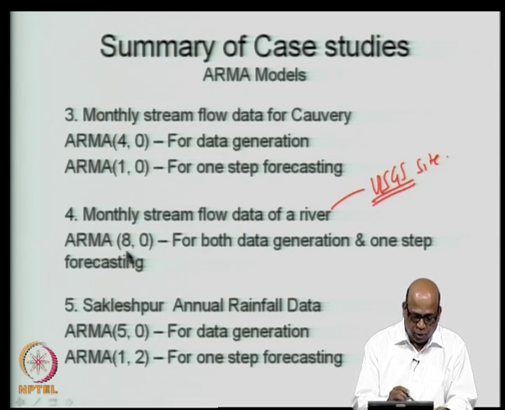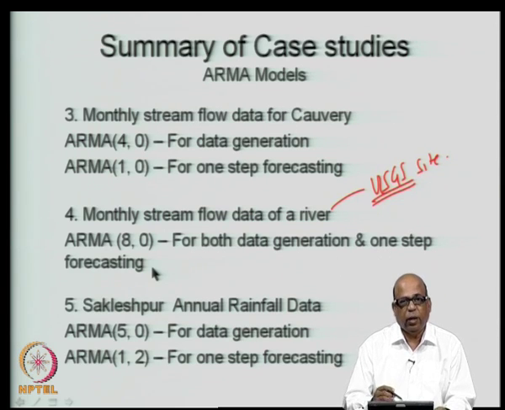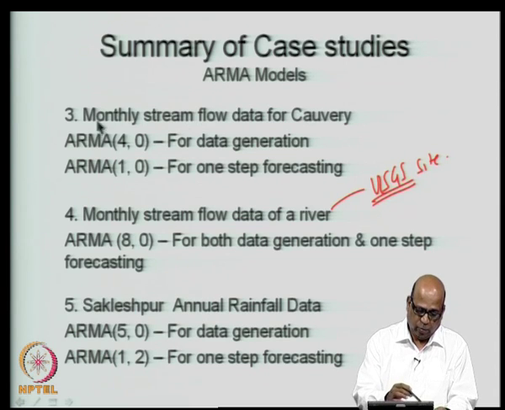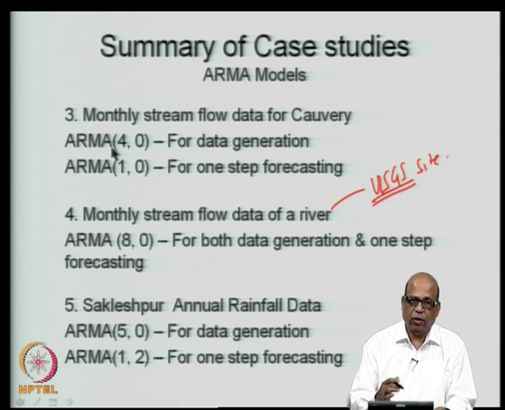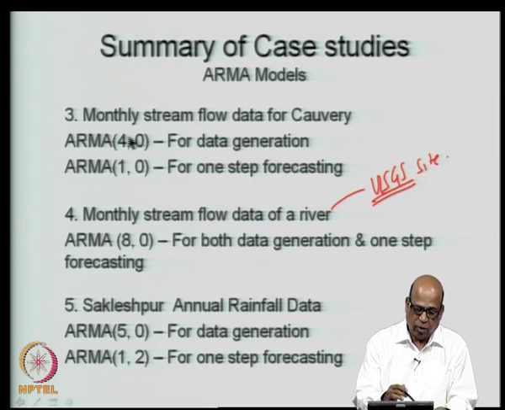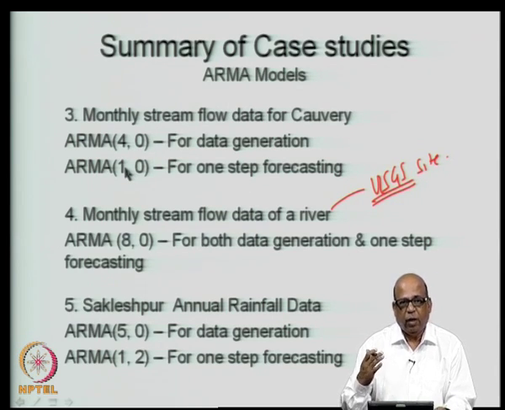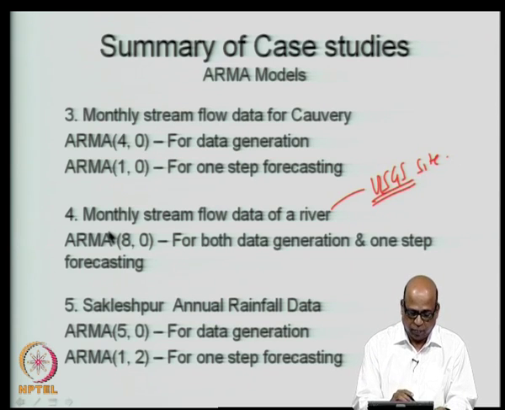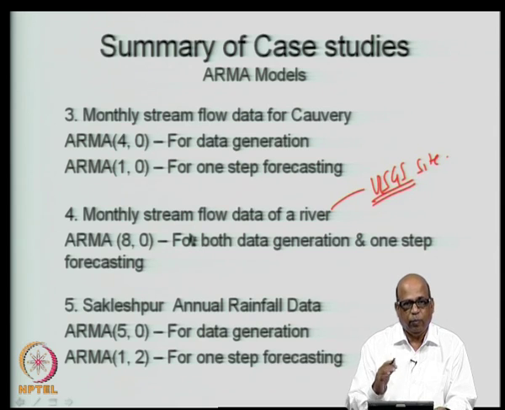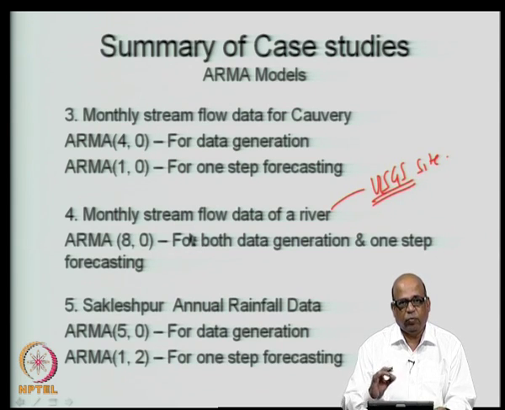So, you get an AR80 model for both data generation and one time step ahead forecasting, which may be quite surprising to those who are working on especially peninsular Indian rivers, where we typically get models of this type, and especially for forecasting we often come up with ARMA 11 or 10 model or maximum 2021 type of models for one time step ahead forecasting. Whereas, for monthly stream flow data of the US river, you get an ARMA 80 model both for long term simulation of the data as well as for one time step ahead forecasting.